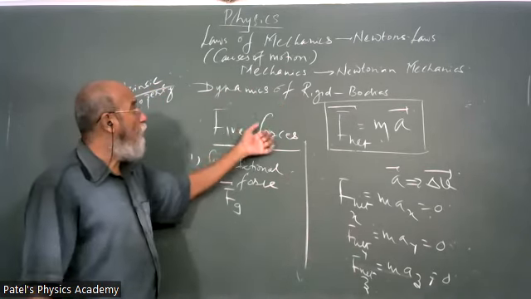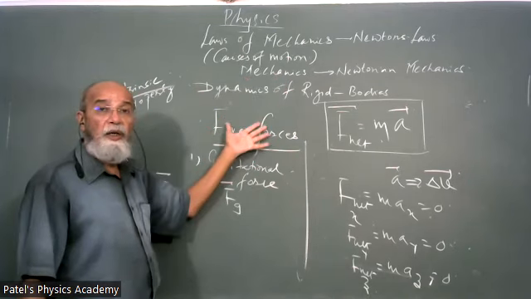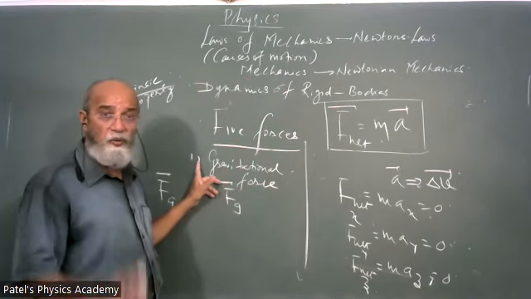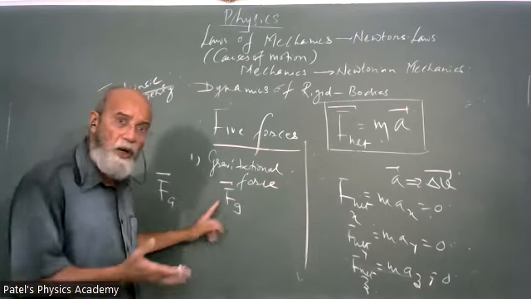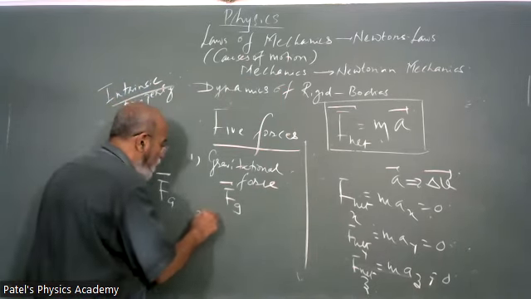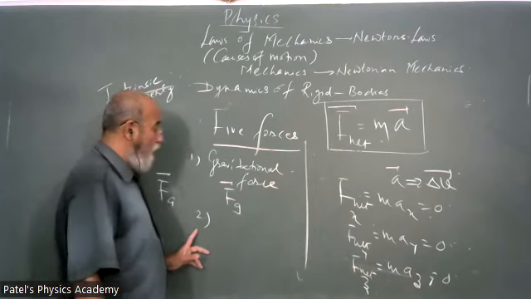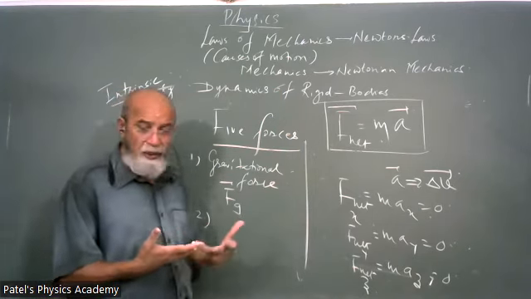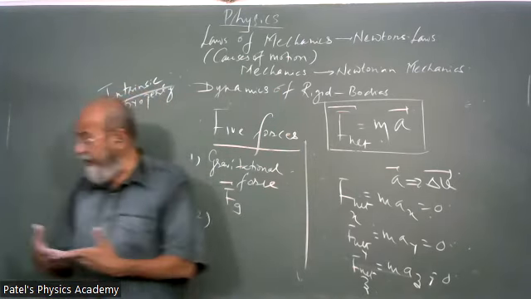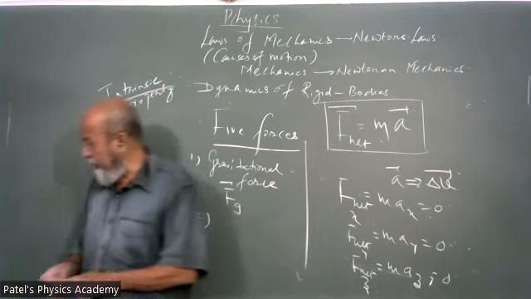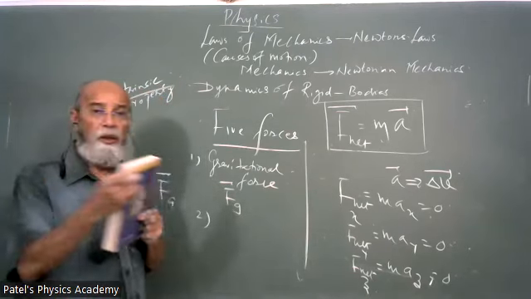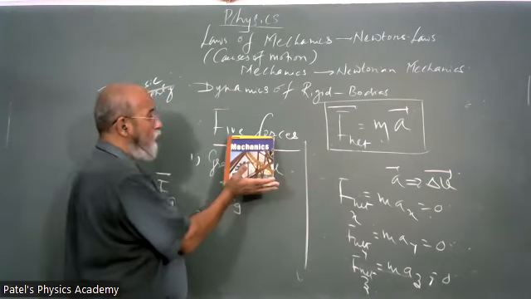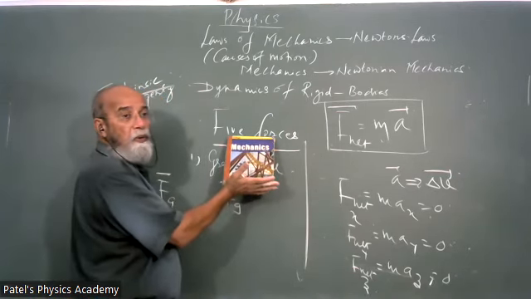rigid bodies. The whole of mechanics can be explained if you understand these 5 forces. One is the gravitational force. We haven't understood it. We are going to understand it soon. The second is, he says, when 2 objects are interacting, that means, let us say, this book, I'm resting this book on this blackboard, okay?